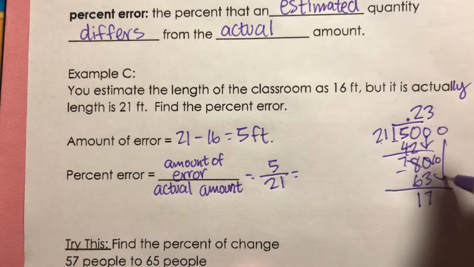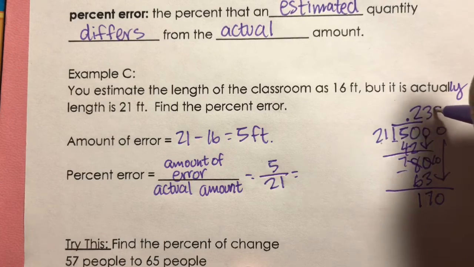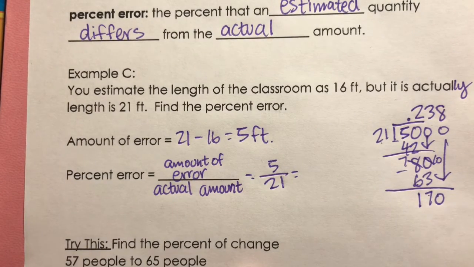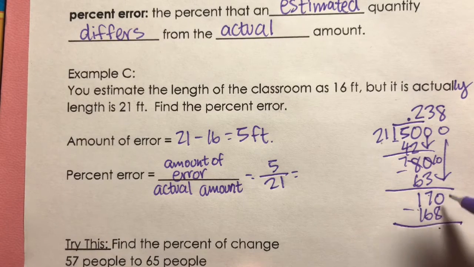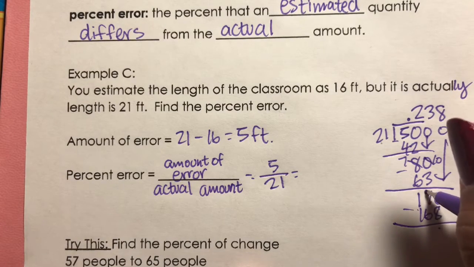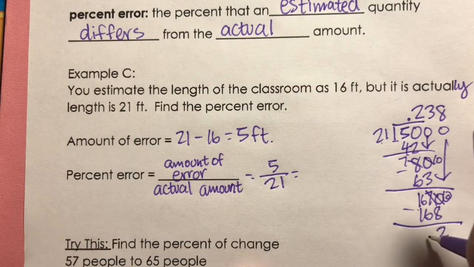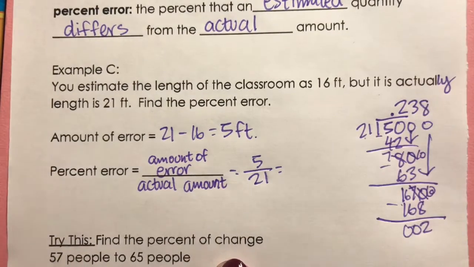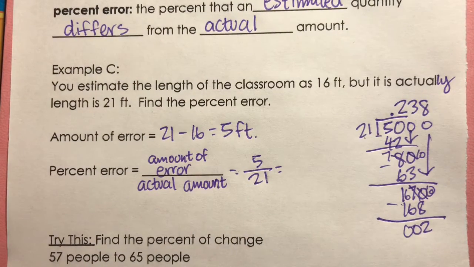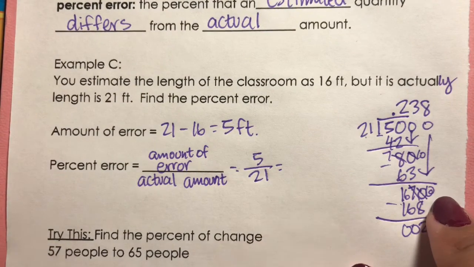Bring down the 0. 21 goes into 170 8 times. 8 times 21 is 168. 170 minus 168 is 2. And I'm going to stop there because I know that for percentages, we just need to bring the decimal 2 times to the right.